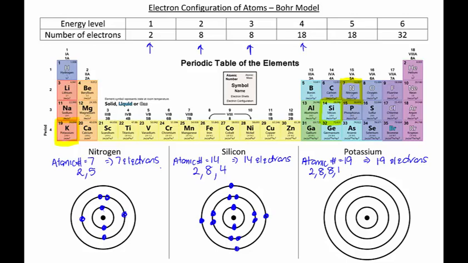So you can see I've drawn another energy level here. So we have a full first energy level, a full second energy level, a full third. Now if you don't have 4, I usually go 1, 2, 3, 4.